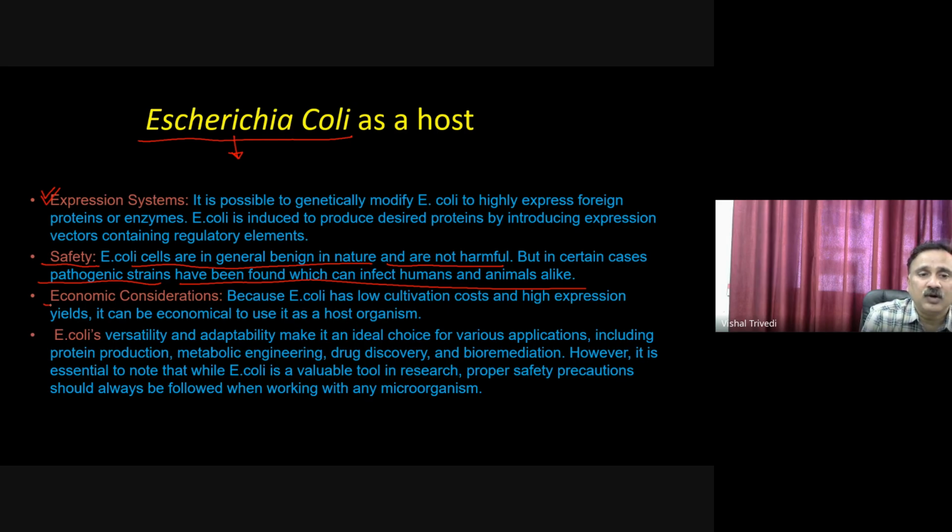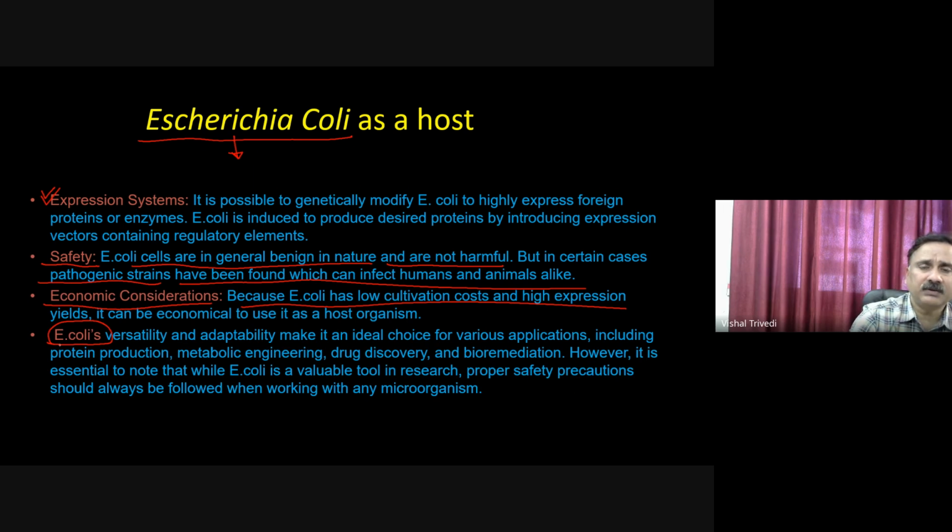And then the economic considerations: growing E. coli is very cost effective, and it also gives very high production of proteins. Because of that, E. coli is a very popular host, used for protein production or for propagation of foreign DNA.